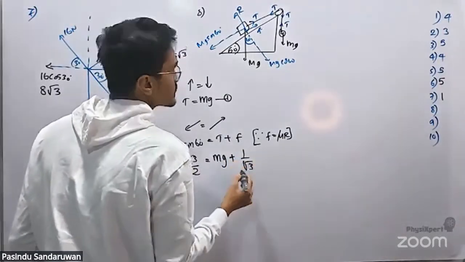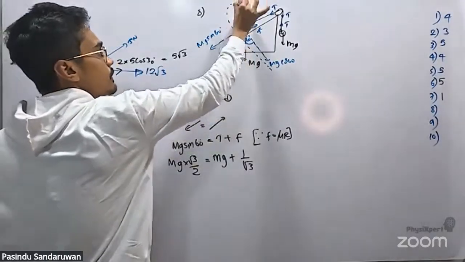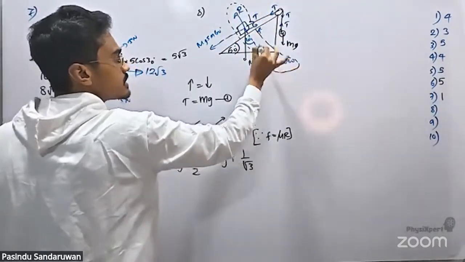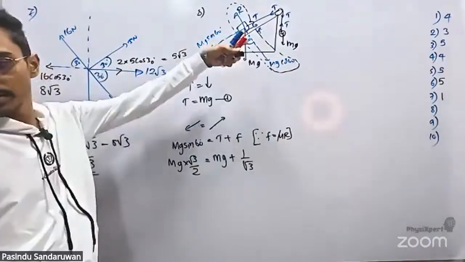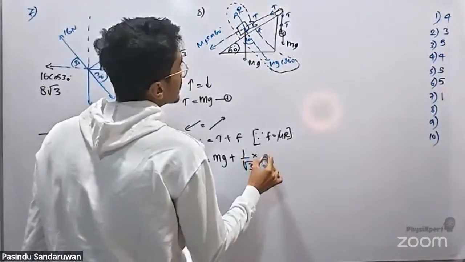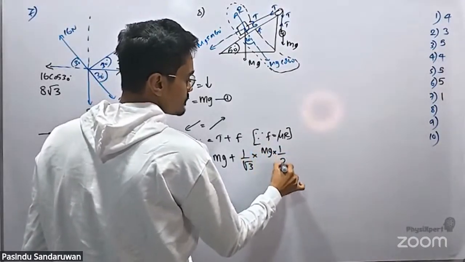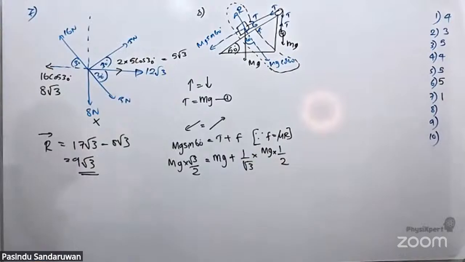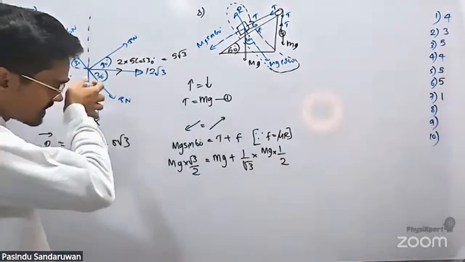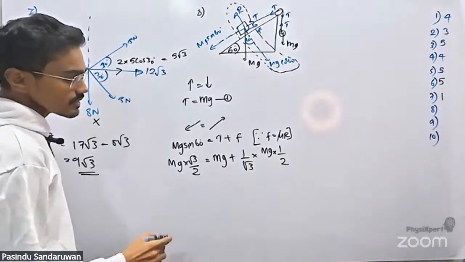Now about R, we know this is in equilibrium perpendicular to the plane, which means R equals Mg cos 60. So R is capital Mg cos 60. Cos 60 is half. Now it's a simplification. g cancels throughout.